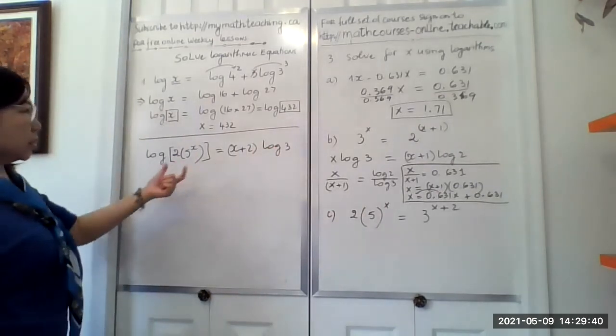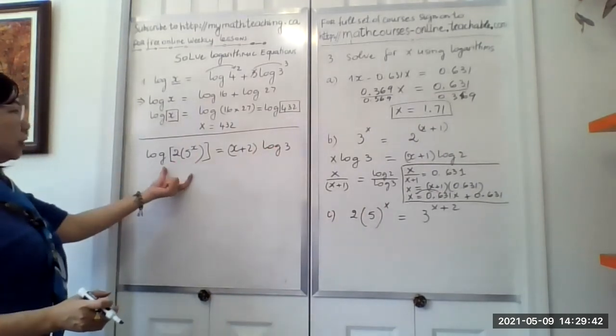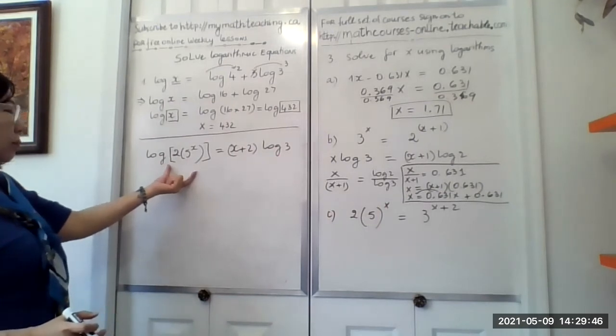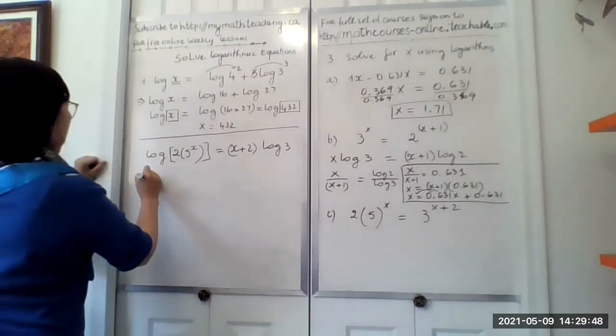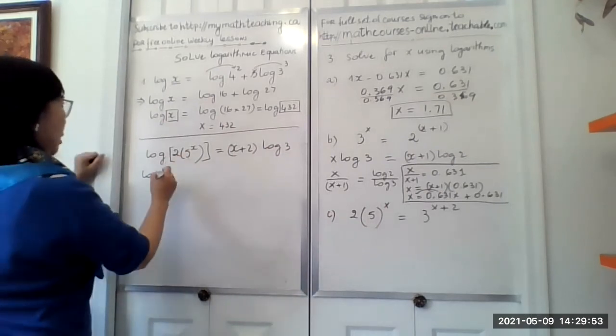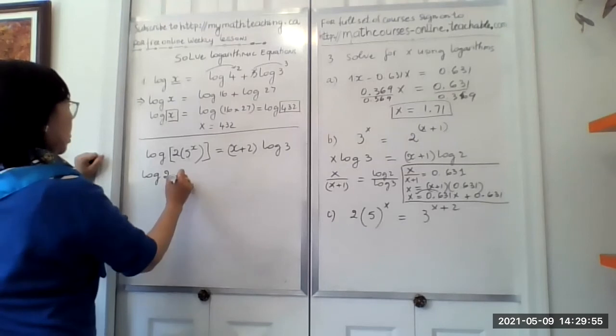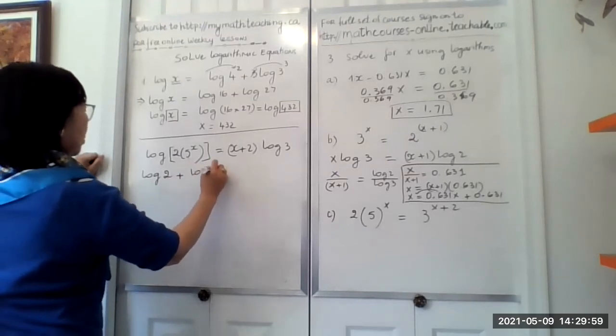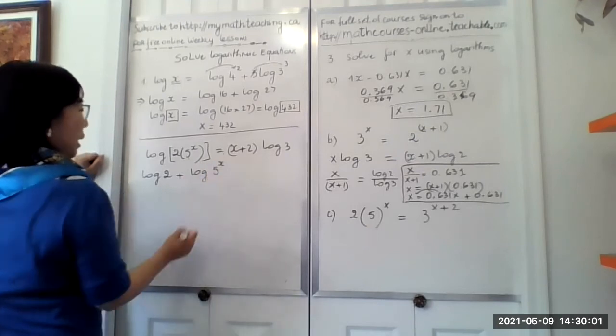When I take log both sides, I can do that. Now I just have to be careful with this one, right? So this will become what? Now multiply means adding, right? So that will be equal log 2 adding with log of 5 to the power x.